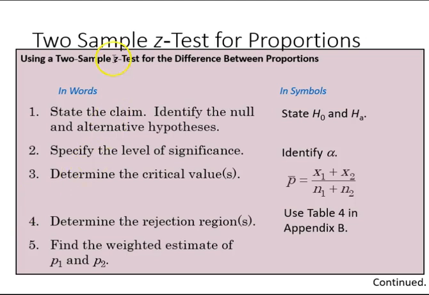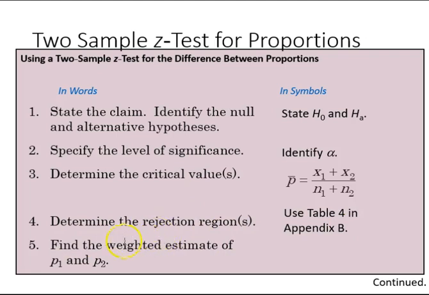So we begin, as usual, with our claim stated mathematically with H0 and HA identified, with a level of significance alpha also determined. That gives us our critical values. Here we use this equation to find our critical values. And then we determine our rejection regions using our z-score table.